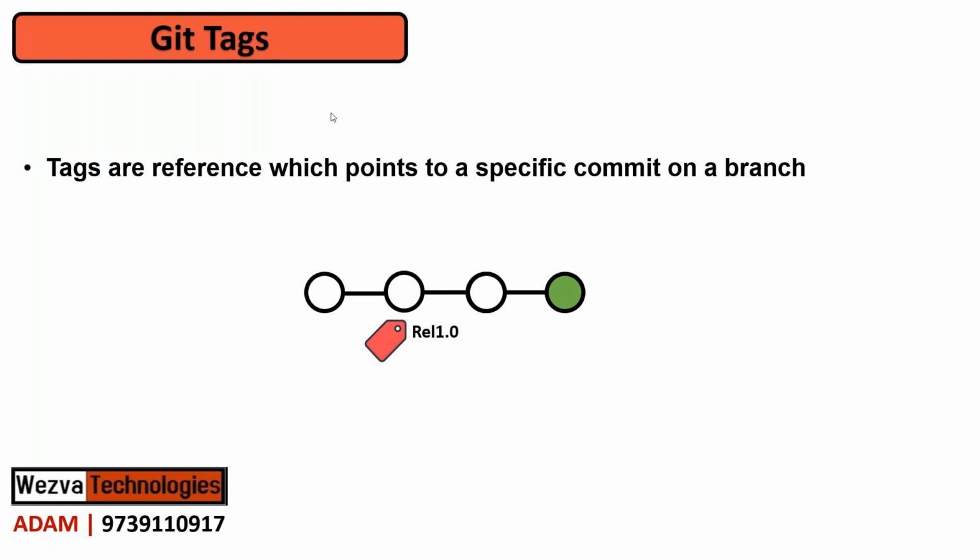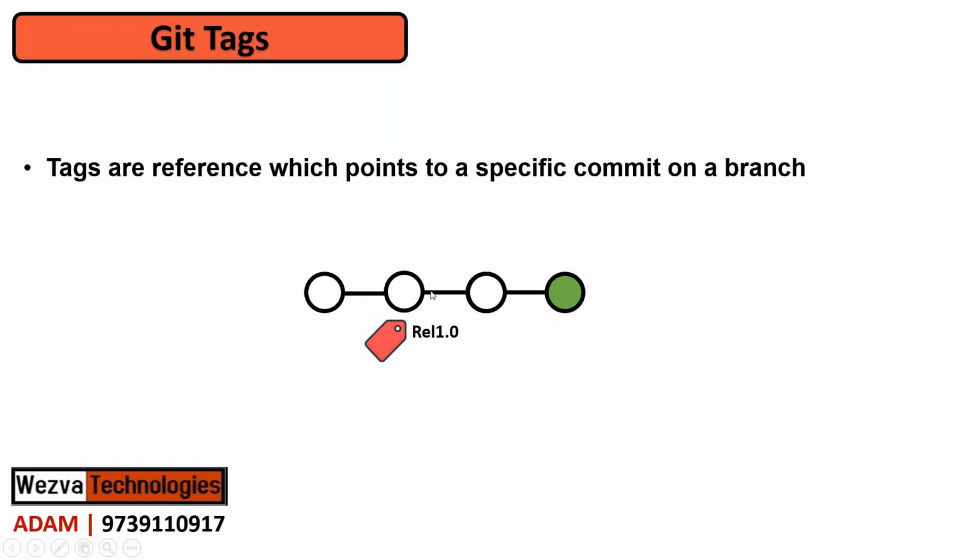For example, if you go to a shop and try to buy something, every material has its own price tag using which you can uniquely identify it. The same way in Git, for every commit ID that you need, you can create a reference name and associate it to the particular commit ID.